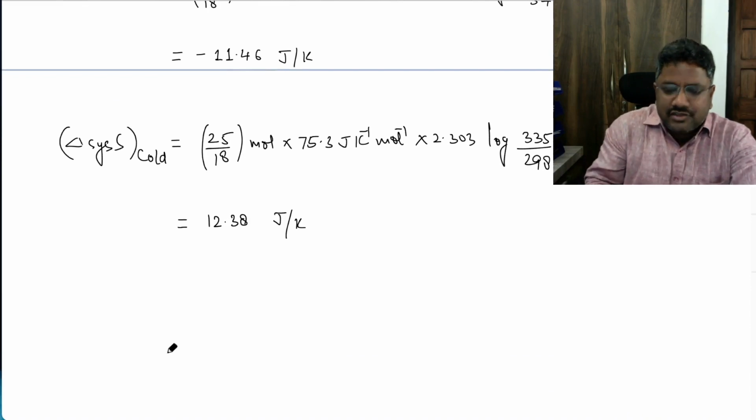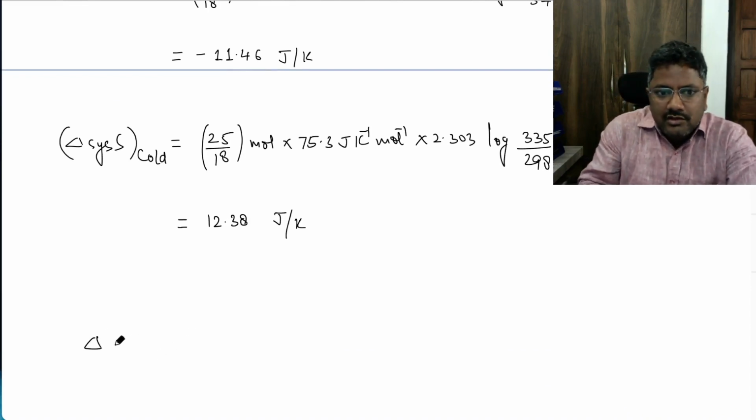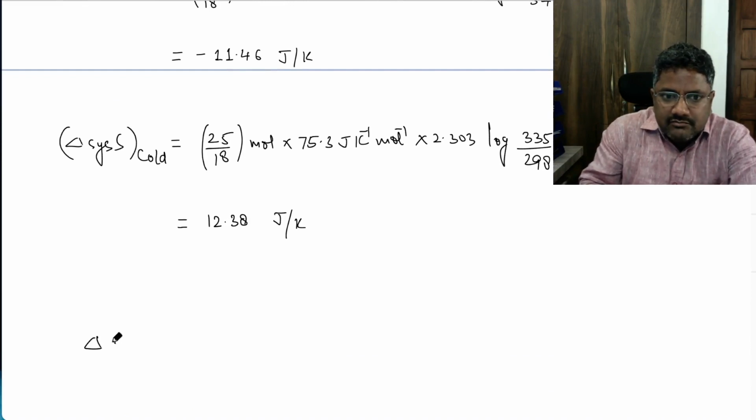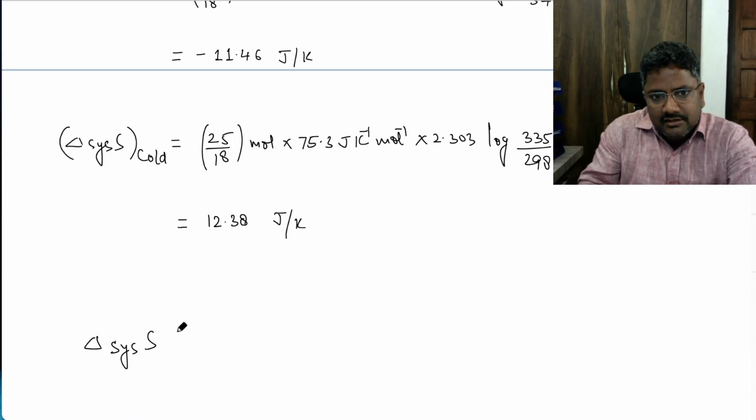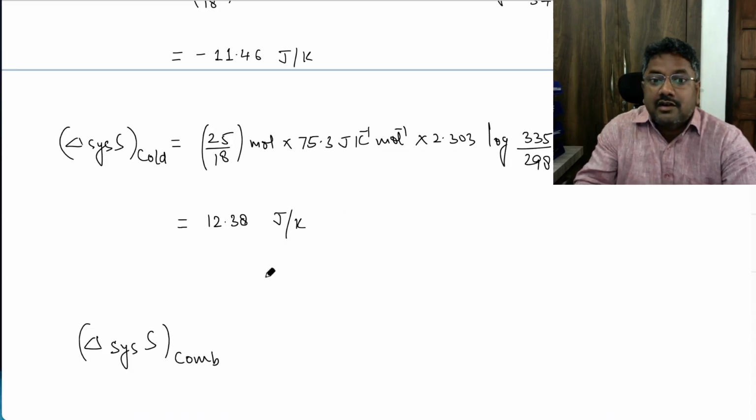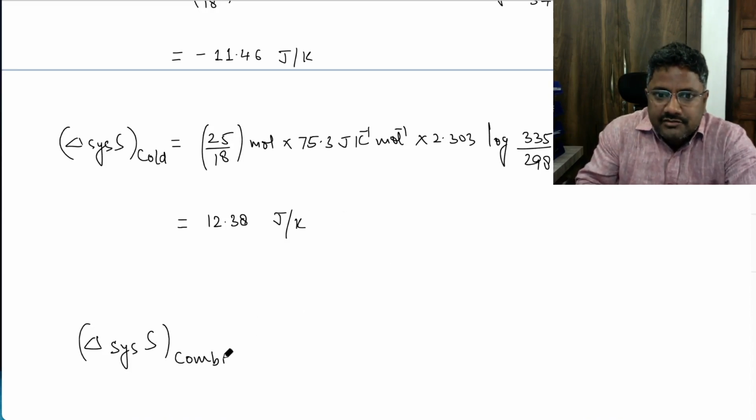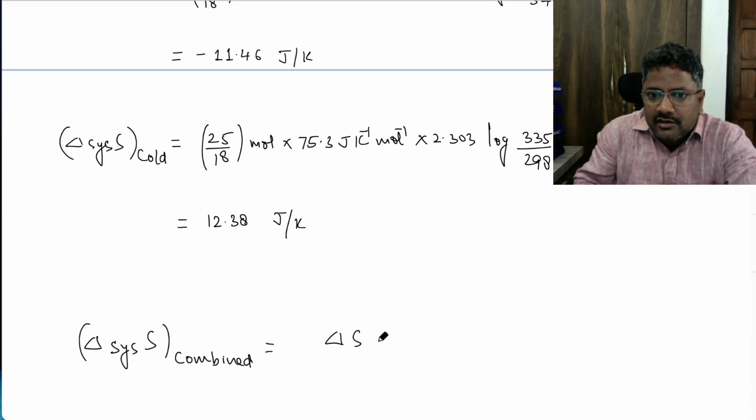Now delta S total, or delta S combined, we can say, not total, because here we have not calculated the surrounding. Combined is equal to delta S hot plus delta S cold.